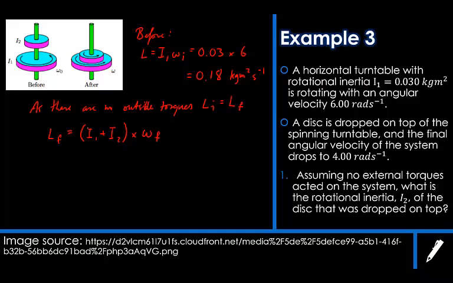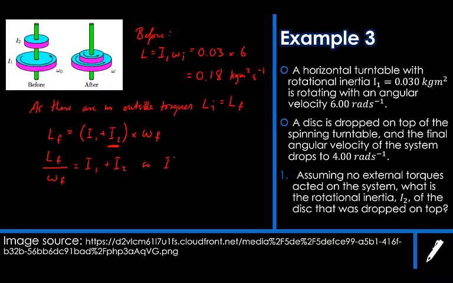So what we're trying to find is this I2 here. We know omega f, we know Lf, and we know I1. So let's rearrange this for I2. So we get Lf over omega f is equal to I1 plus I2.